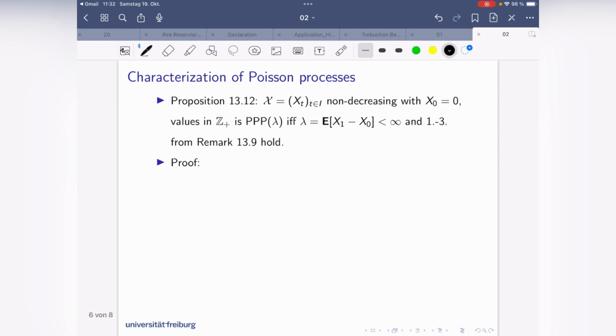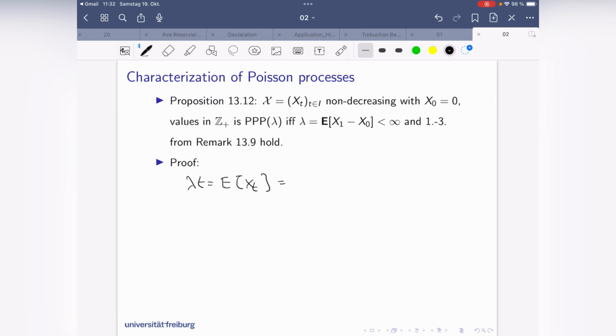And for this reason, we have, for example, lambda t is the expectation of X_t by assumption. Yes, by this assumption here. And that must be, by monotonicity again, the expectation of X_t^n as n goes to infinity.